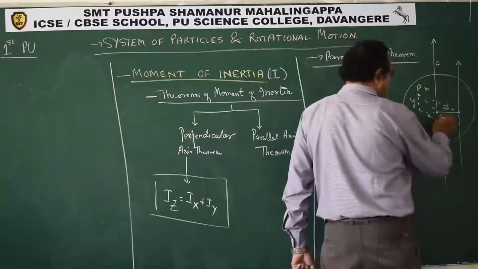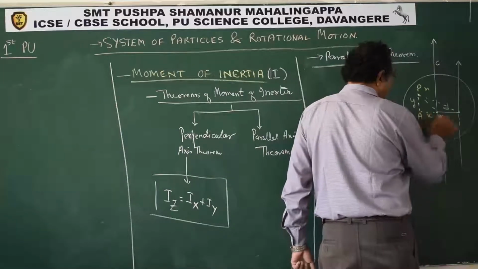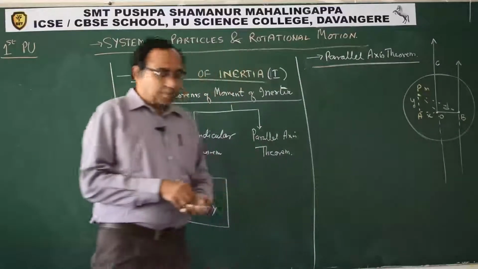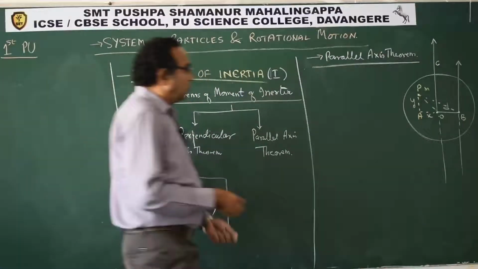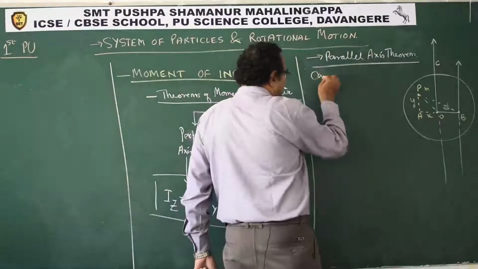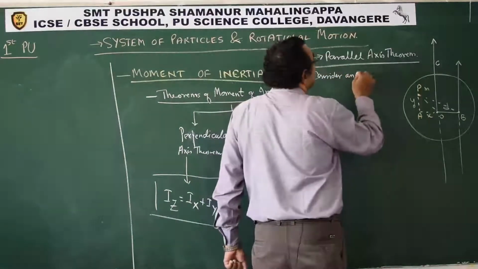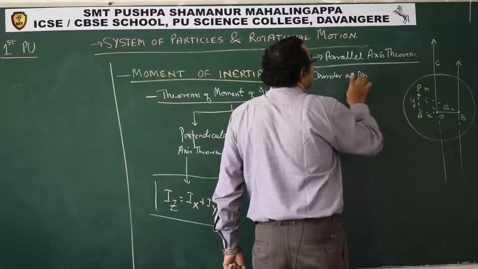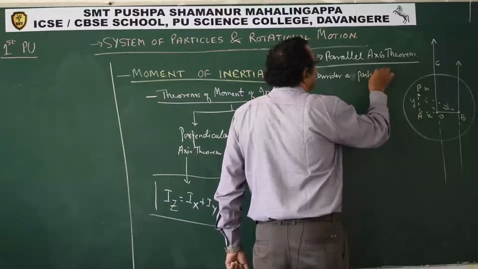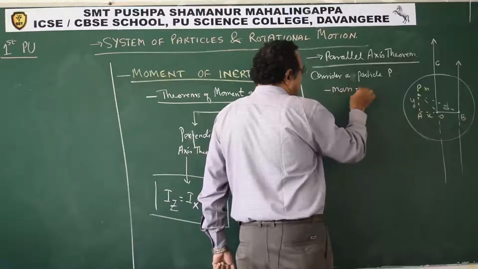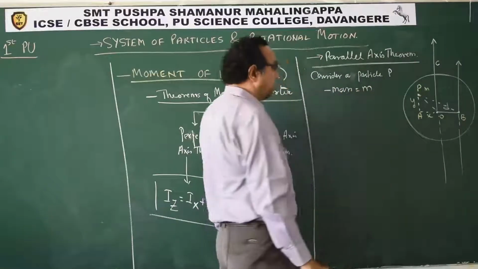Let us say this is O, A, B. Now our aim is to find moment of inertia. Consider a particle P. Mass of the particle is m.